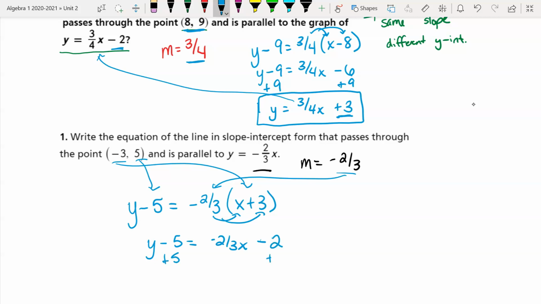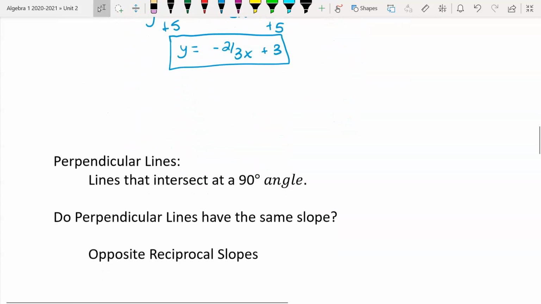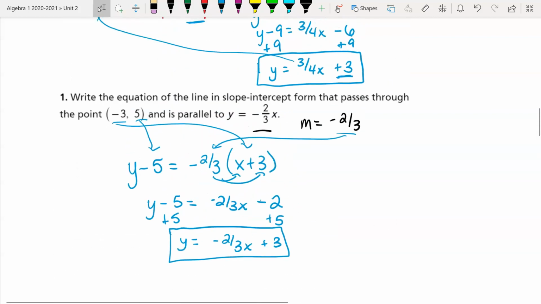Going to add my 5 over. Hopefully if you paused it and tried it, this is what you got. y equals negative 2/3 x plus 3. Okay, so again, parallel means they have the same slope, different y-intercept.